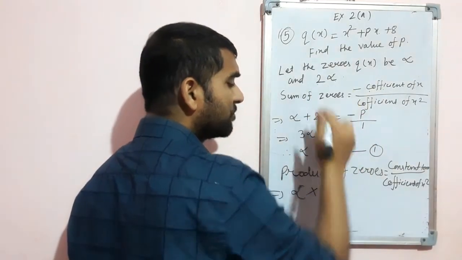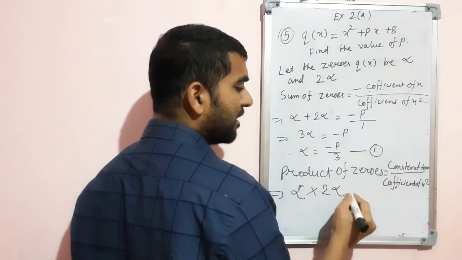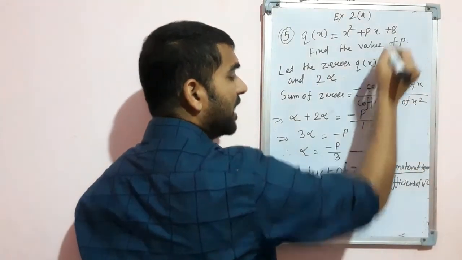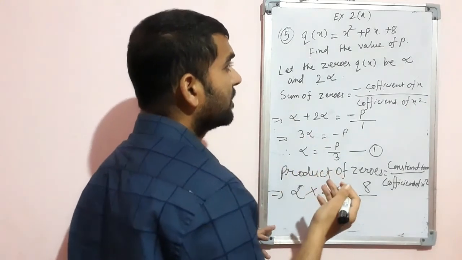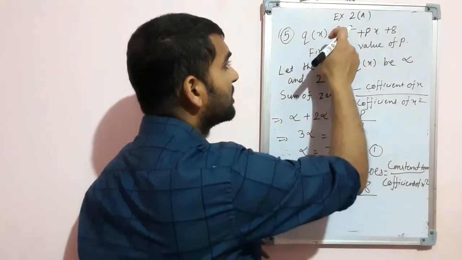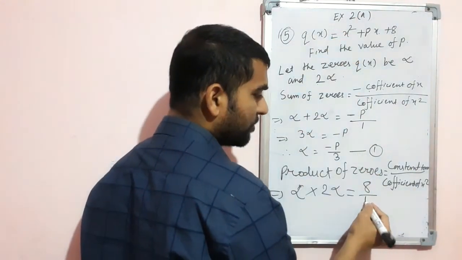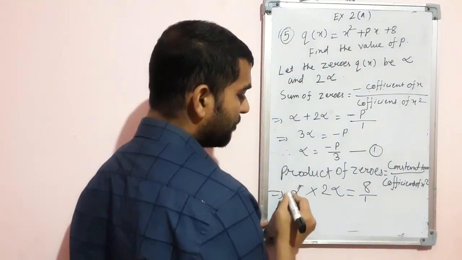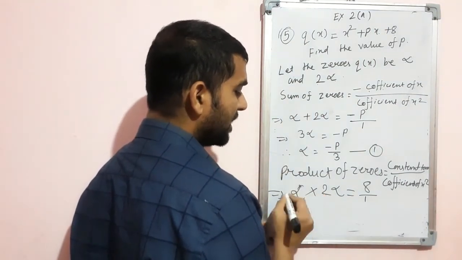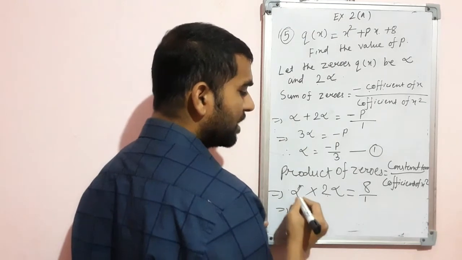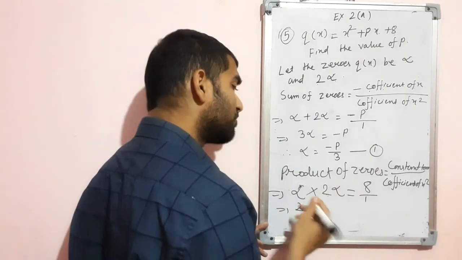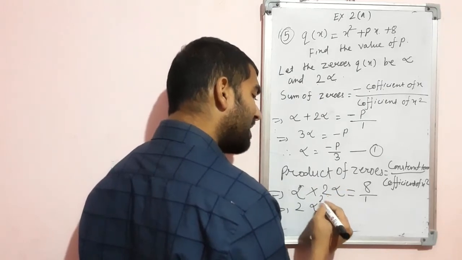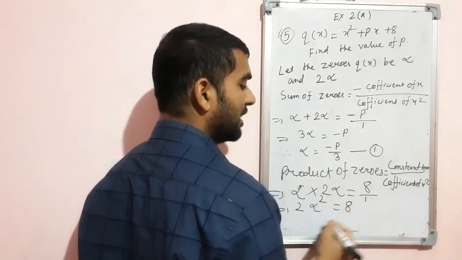The constant term is how much? 8, we will write here 8. Then coefficient of x square, nothing means 1, we will write down here 1. Now alpha into 2 alpha: 1 into 2 will be 2, alpha into alpha is alpha square. So 2 alpha square equal to 8.